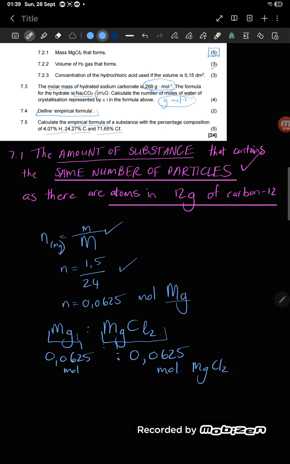Which means I can get, and what am I looking for? I'm looking for the mass. So I need this formula. They won't give you 2 formula marks though. In this, they already gave one. So this stuff is equal to, they're looking for the mass, so I need to find my molar mass of this guy, which is going to be 24 plus 35.5 times 2 is 71.